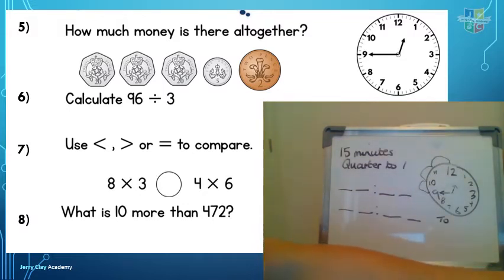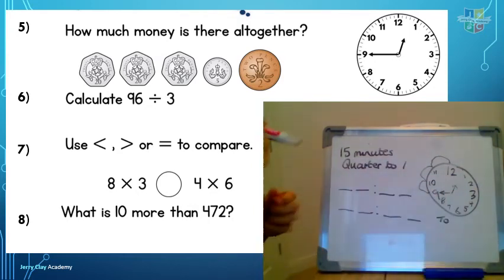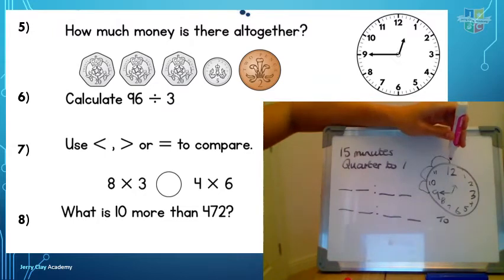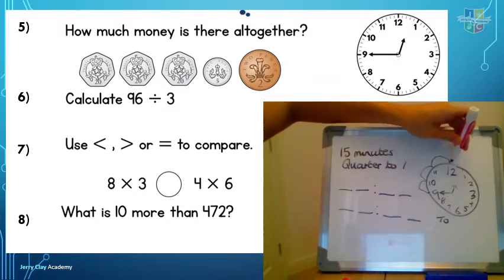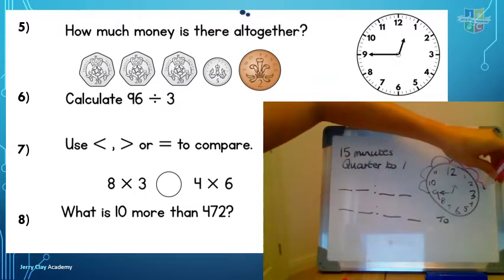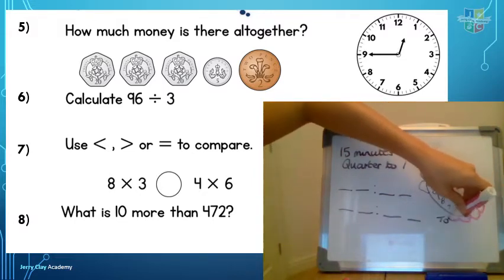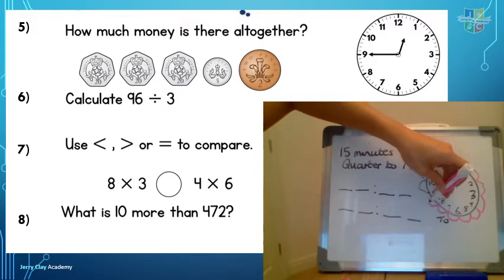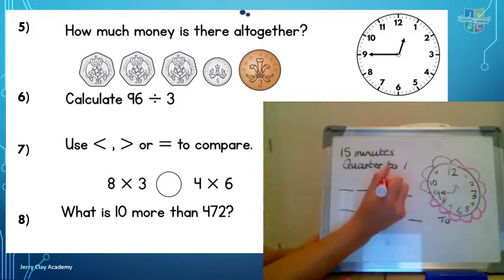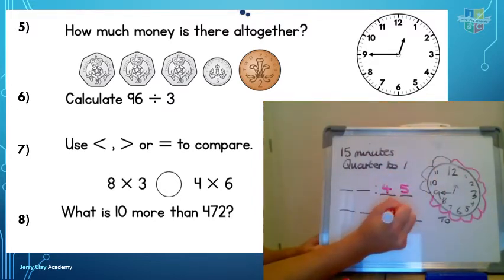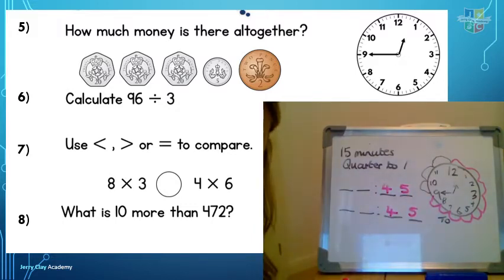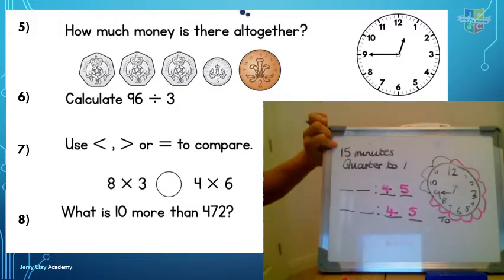So if I go the other way around the clock, if I start from the 12 and I count how many minutes it's gone past, 5, 10, 15, 20, 25, 30, 35, 40, 45. So I know it's going to be 45 minutes, because that's how many it's gone past. Alternatively, you could have taken 15 from 60 to find that out.